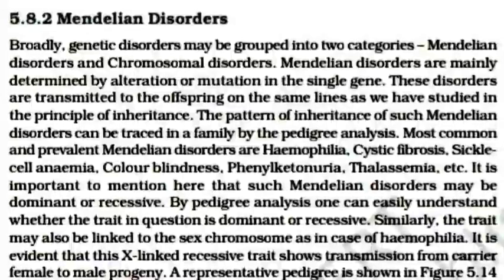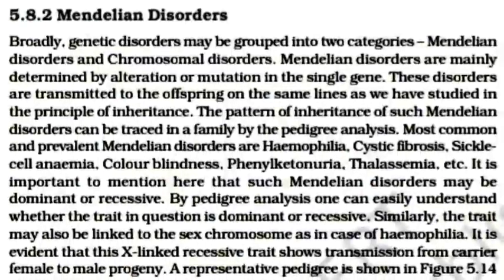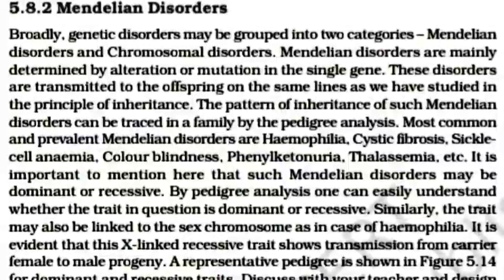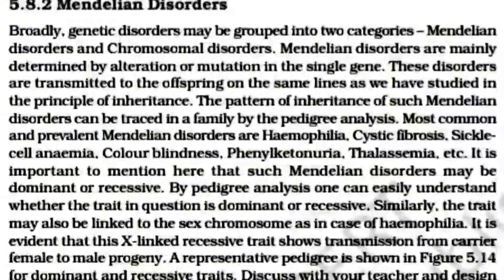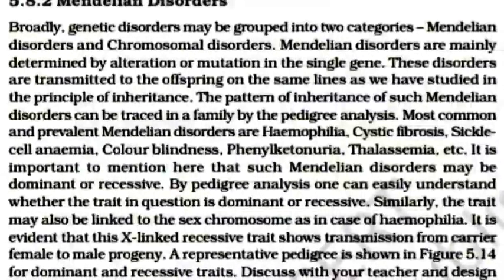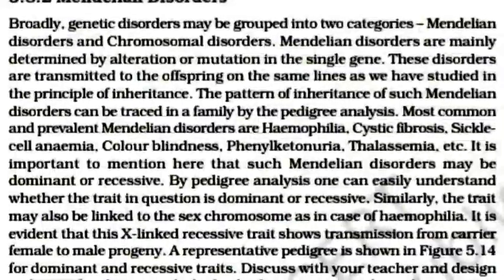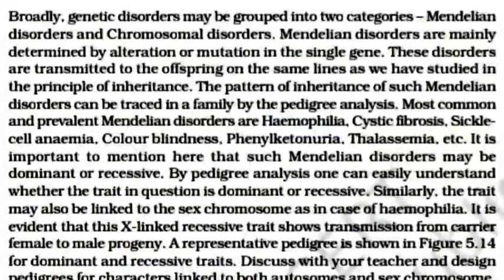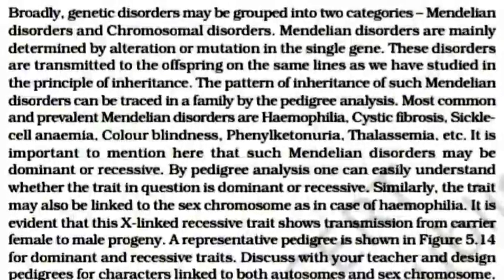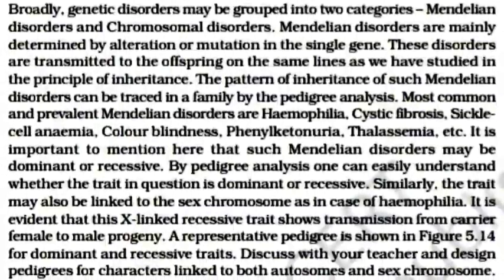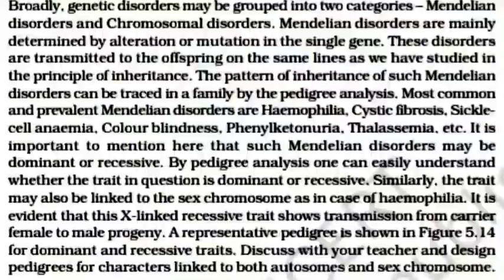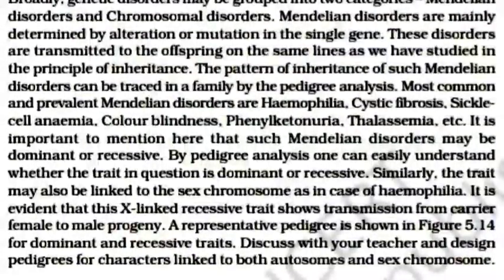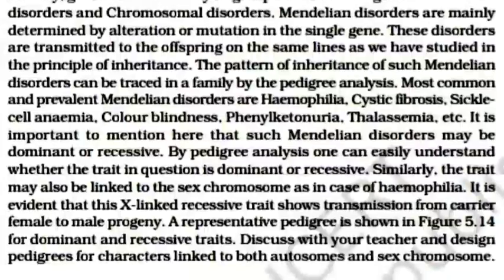Most common and prevalent Mendelian disorders are hemophilia, cystic fibrosis, sickle cell anemia, color blindness, phenylketonuria, thalassaemia, etc. It is important to mention here that such Mendelian disorders may be dominant or recessive. By pedigree analysis, one can easily understand whether the trait in question is dominant or recessive.